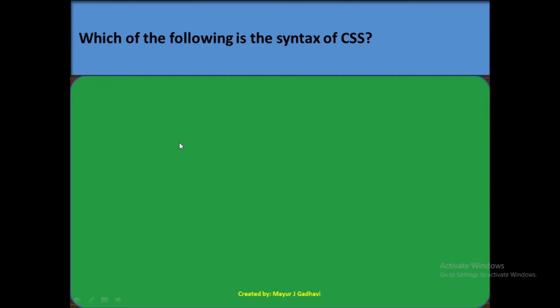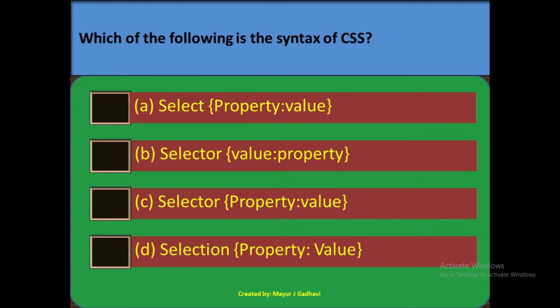Which of the following is the syntax of CSS? The options are A, selector inside curly bracket property colon value, B, selector inside curly bracket value colon property, C, selector inside curly bracket property colon value, and D, selection inside property colon value.